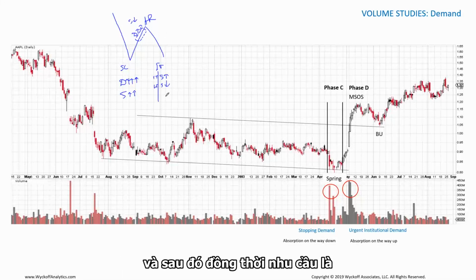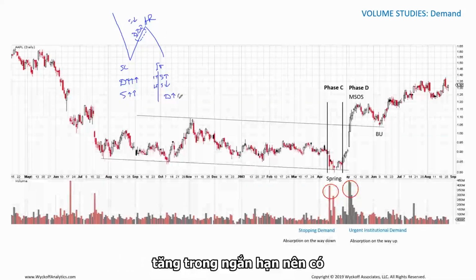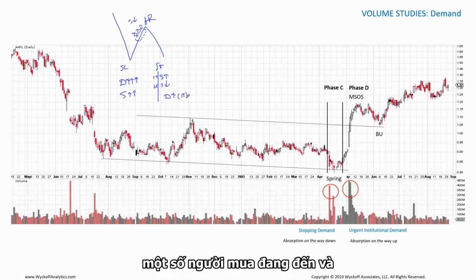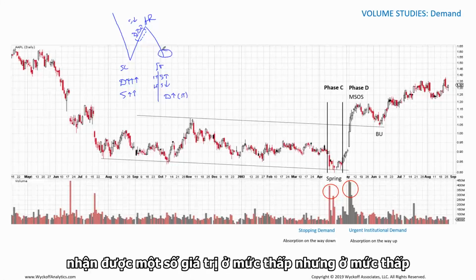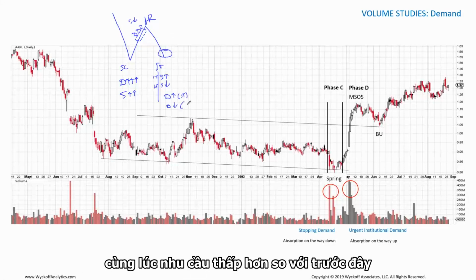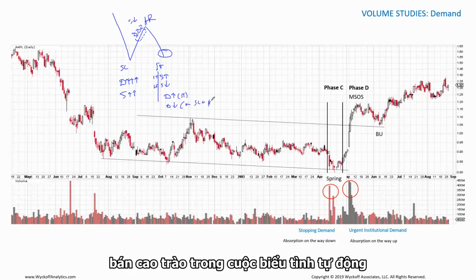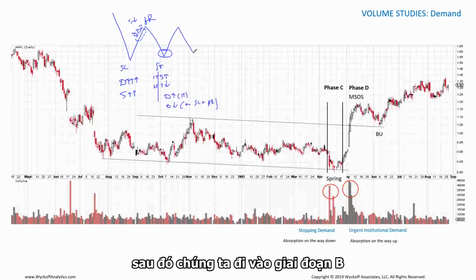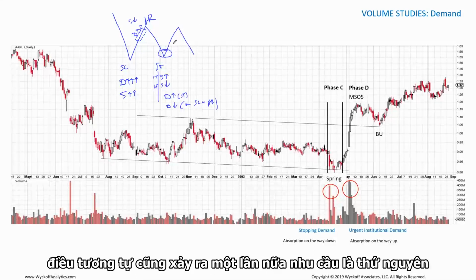And then at the same time, demand is increasing short-term, so there are some buyers that are coming in and getting some value at the low, but at the same time, demand is lower than it was on selling climax in automatic rally. Then we go into phase B. Same happens again.